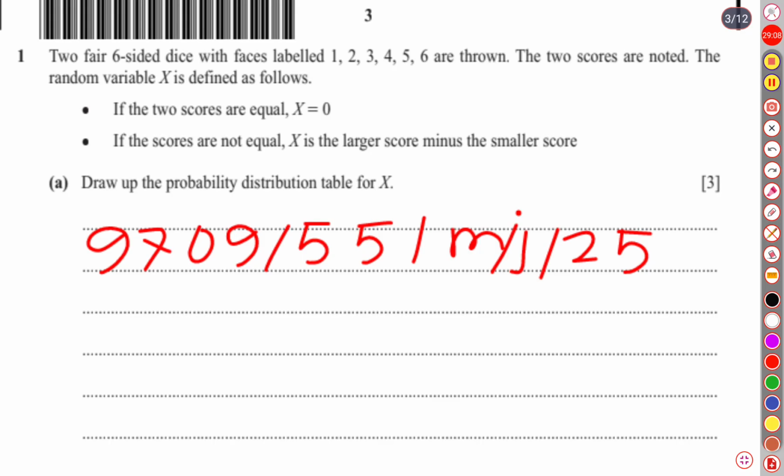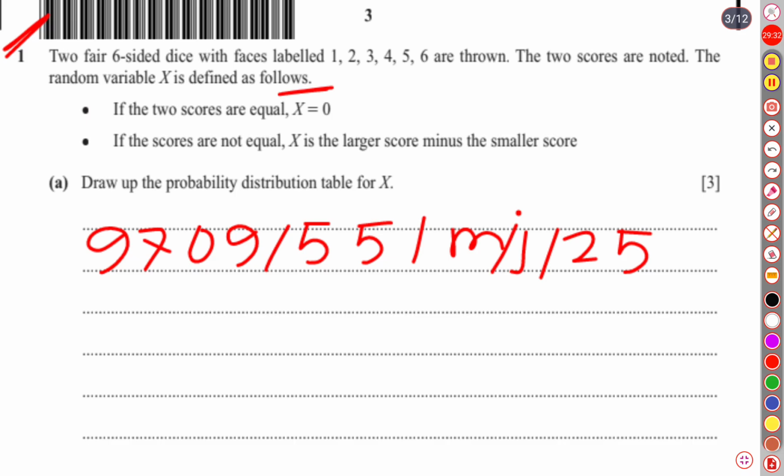The next question has been selected from paper 9709/55 for the session May June 25, and we are going to solve the first question, which says two fair six-sided dice with faces labeled 1, 2, 3, 4, 5, and 6 are thrown. The two scores are noted. The random variable x is defined as follows. If the two scores are equal, then x is equal to 0.